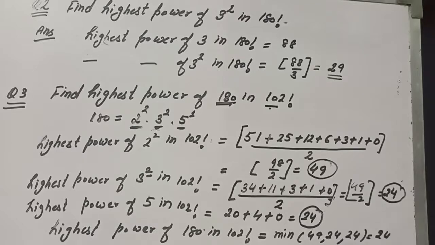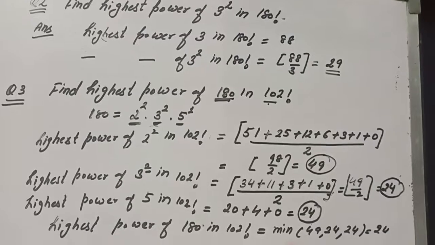So this is the highest power of 180 in 102 factorial. So this is the application of greatest integer function or Legendre's formula to calculate the highest power of a prime in a given factorial, or highest power of any number in a given factorial.